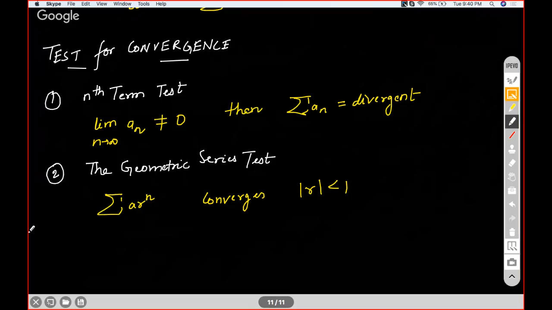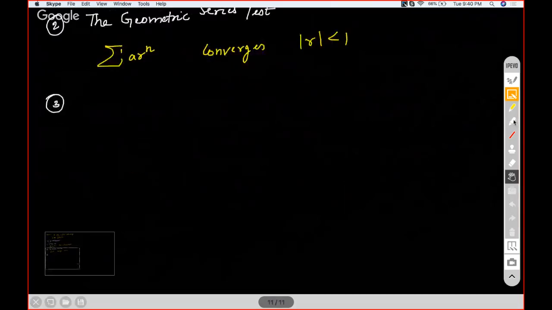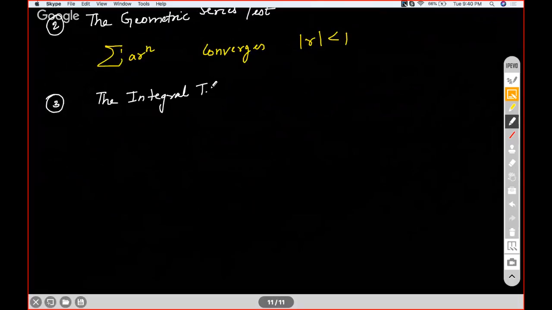I'll directly go to the third test, which is called the integral test. Remember, this integral test only works for series where an is greater than or equal to 0.